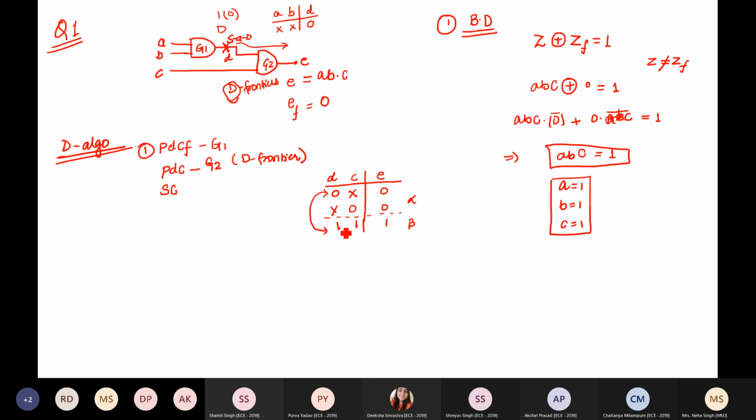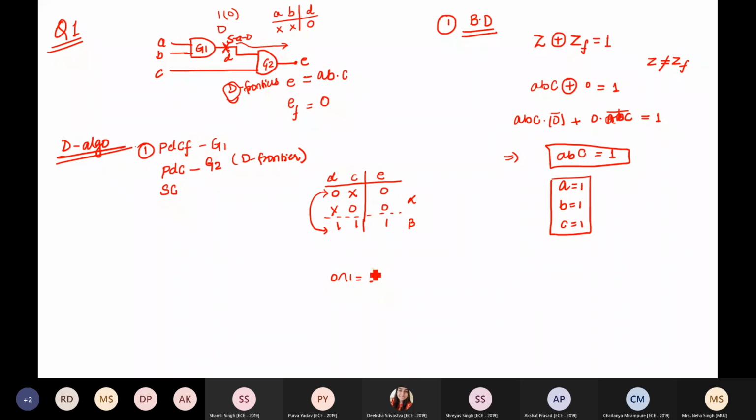right? So here, what was 0 intersection 1? Zero intersection 1 was D bar.